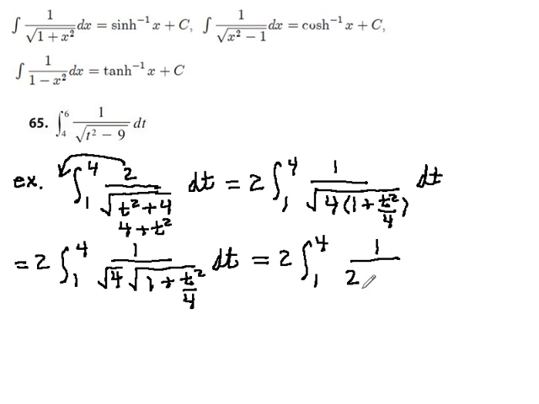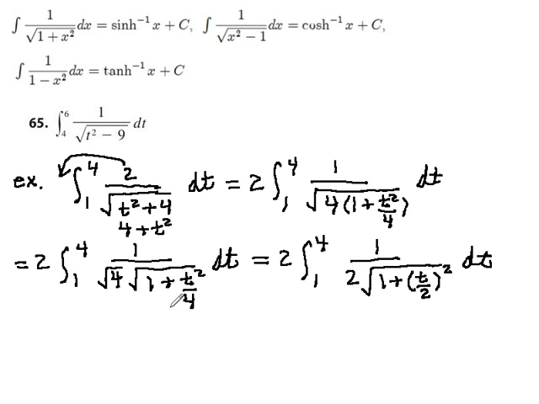And then in here, I've got square root 1 plus, and I want a single quantity squared, dt. So the square root of t squared over 4 is t over 2. So t over 2 quantity squared is making it look like this.